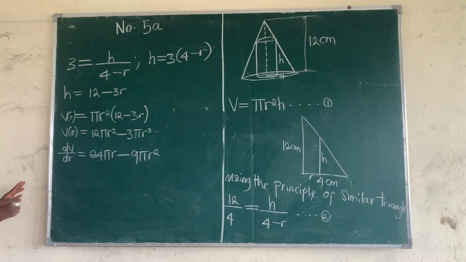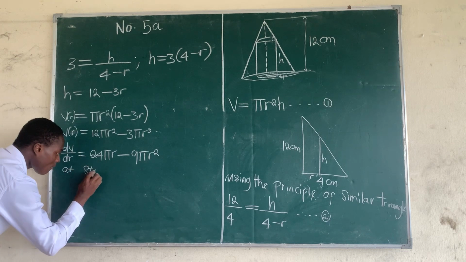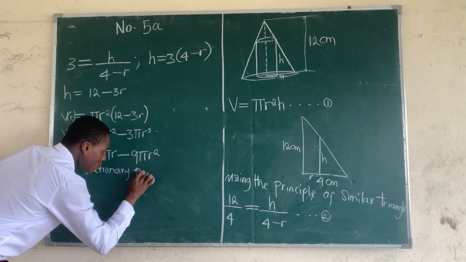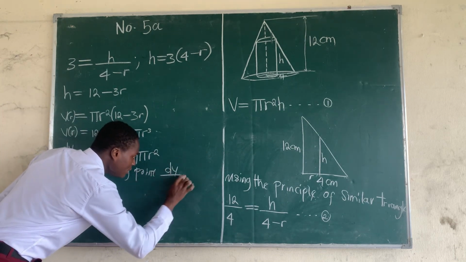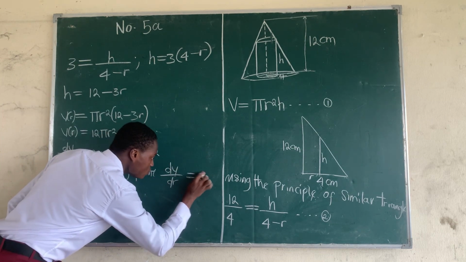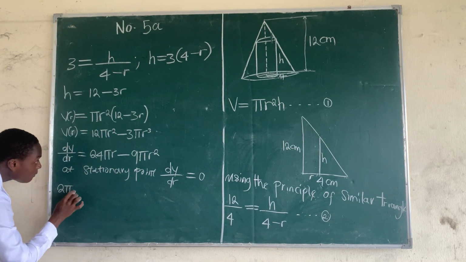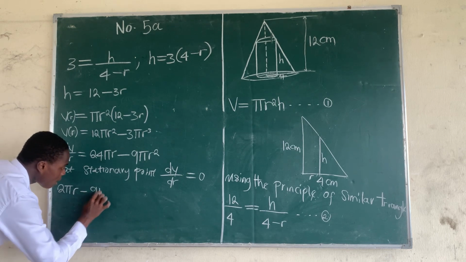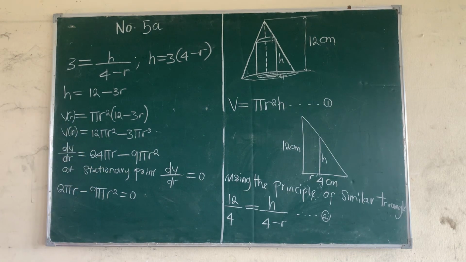But we know that at stationary points, dv dr is equal to 0. So we have 24 pi r minus 9 pi r square equal to 0.